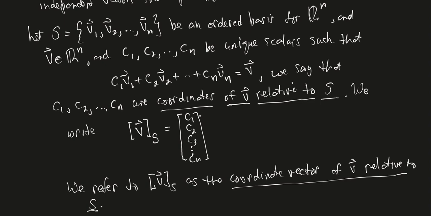And the fact that we're writing it as a column also makes sense, because what this is really saying, and I'll illustrate it with the examples, is that if you form the matrix with the columns v1, v2, vn, and multiply that coefficient matrix with this coordinate vector, you're going to get v as an answer, right? In fact, by writing the system in matrix form, you'll see why it makes sense to write this as a column. It doesn't have to be a column, but it's certainly consistent with everything else that we've done.